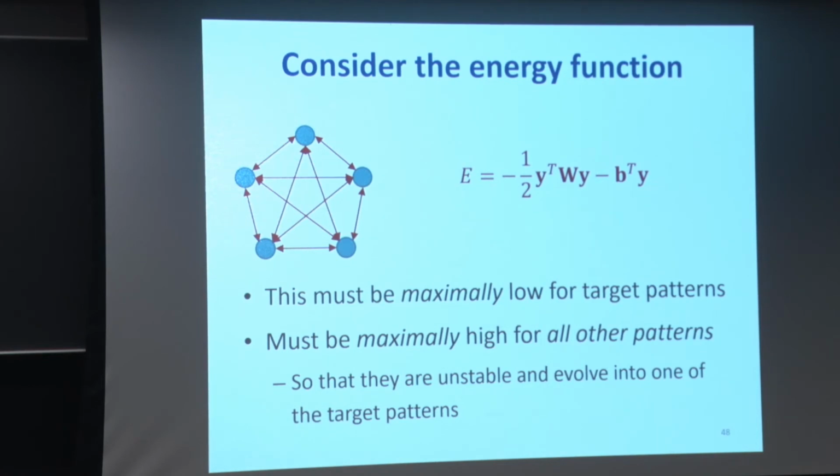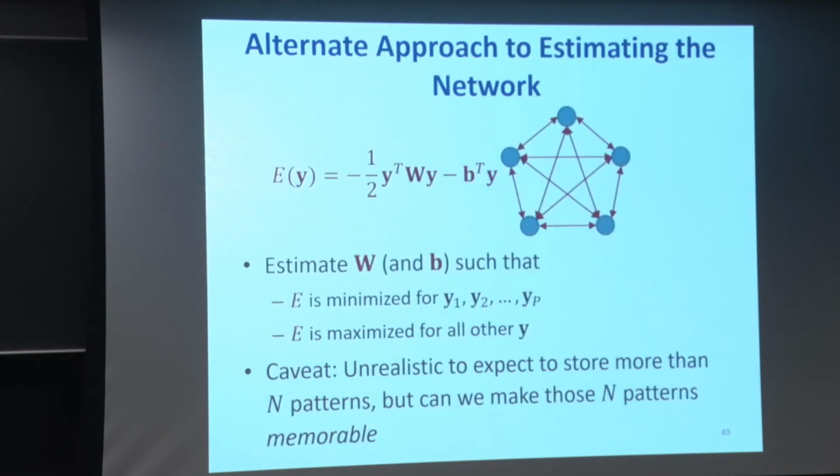At the same time, for other patterns, you want this energy to not be a local minimum. You want this to be high because you want the network to begin evolving towards the patterns that you're trying to store, right? So I want to estimate my weights matrix W and this bias B. I've reintroduced the bias such that the energy is minimized for my target patterns. It's maximized for all other Y.